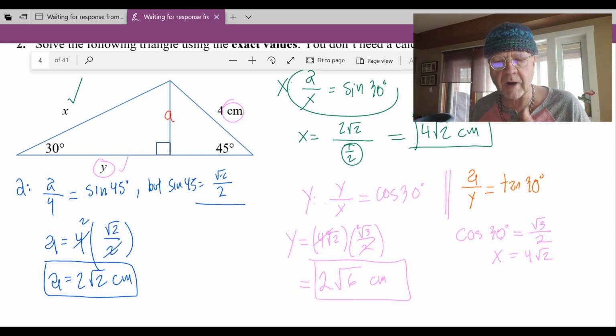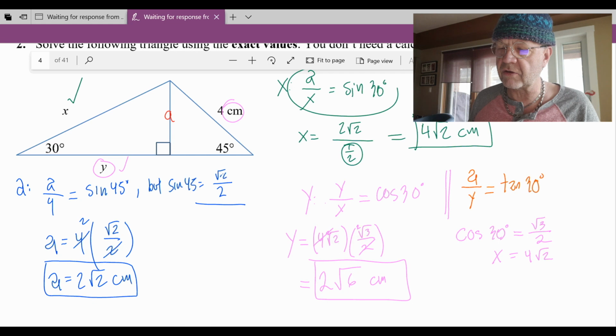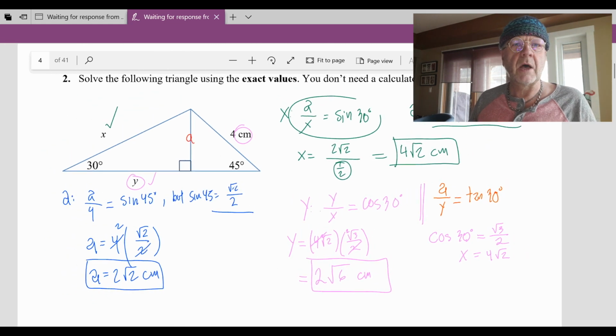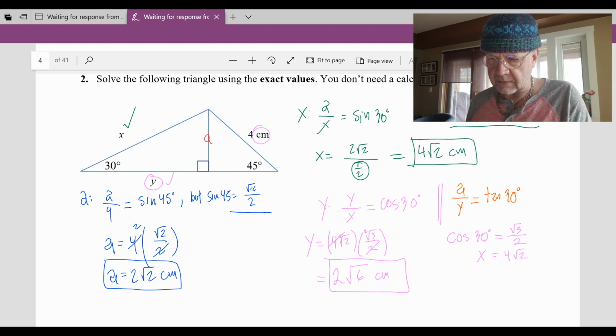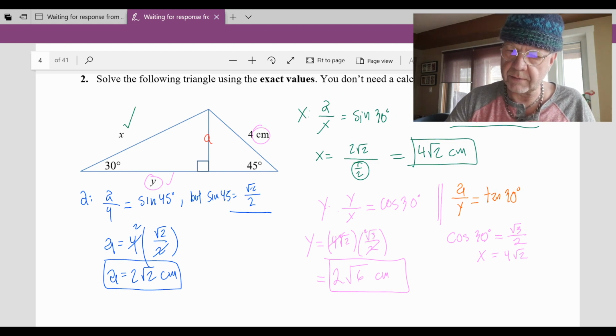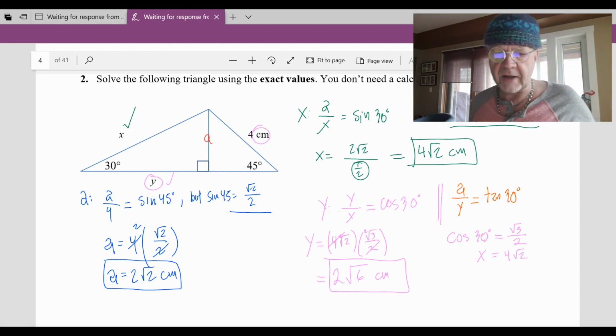We know how to derive exact values for each of those trigonometric functions. And so now it's easy to manipulate them without using a calculator, which is the big benefit of learning how to do things this way. All right, so there is a big long question solved with a couple of examples.